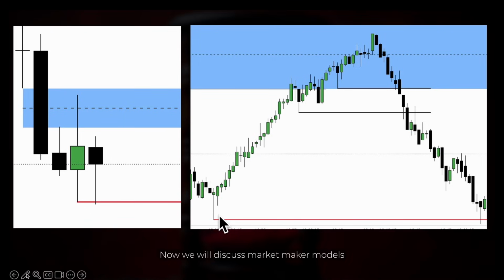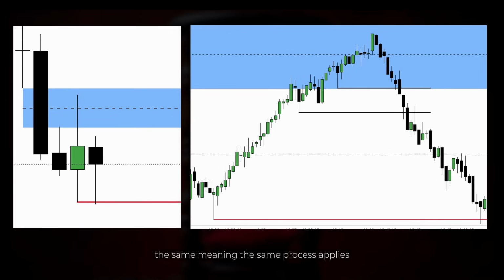Now we will discuss market maker models more in depth later, and for now we're simply going to focus on the inception of these market maker models, and that is hopefully what you're beginning to see, where we can utilize a specific method for determining our draws on liquidity. We can utilize that same method for also determining our points of interest.